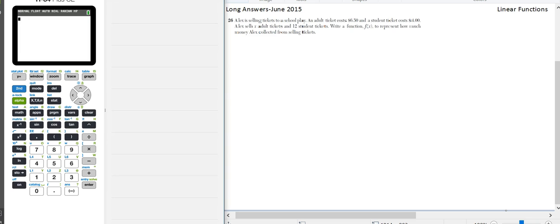So let's write down what we know. We know that the cost of an adult ticket is $6.50. We know the cost of a student ticket is $4.